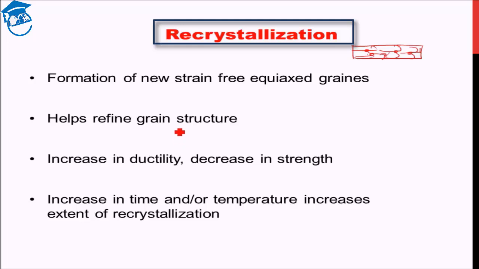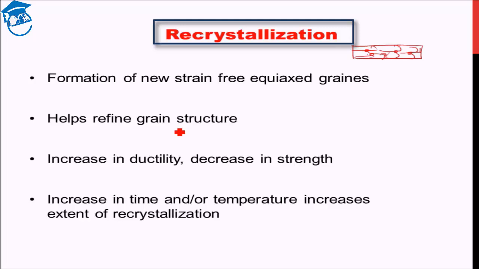Now you will ask, why do new grains nucleate? New grains nucleate because the old grains have a lot of dislocations. That means they have a lot of energy stored within them. The high temperature at which the material is exposed gives enough activation energy to produce fresh grains which have very low strain within them.